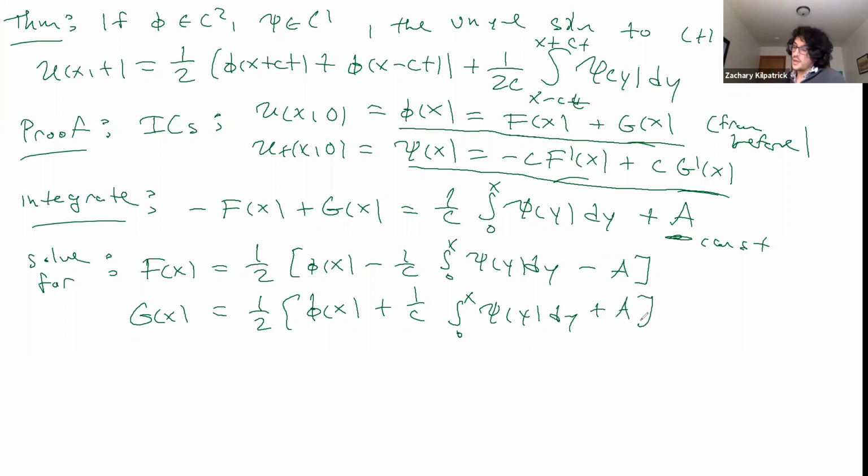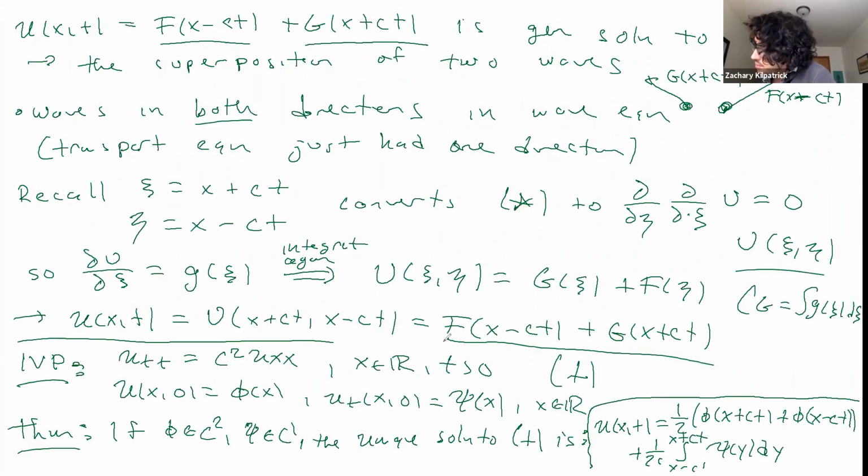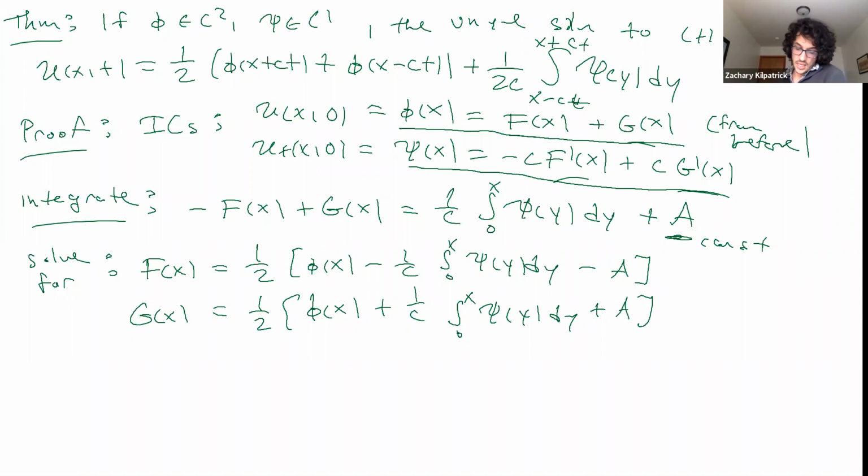Then I remember what u of x,t is. u of x,t is just f of x minus ct plus g of x plus ct.